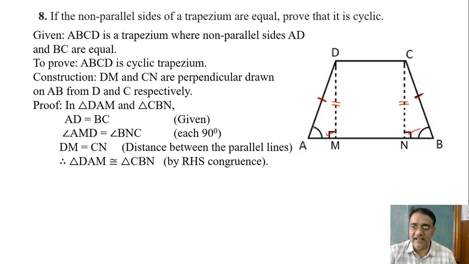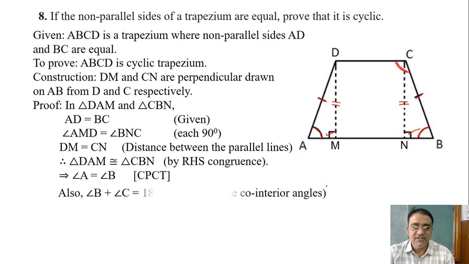So angle A is equal to angle B. This is clear? Yes, sir. Now angle B plus angle C is equal to 180 degrees. Why? Co-interior angles. Very good. So what we will do, we will replace angle B by angle A here.